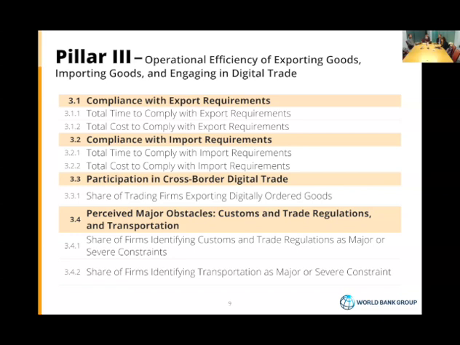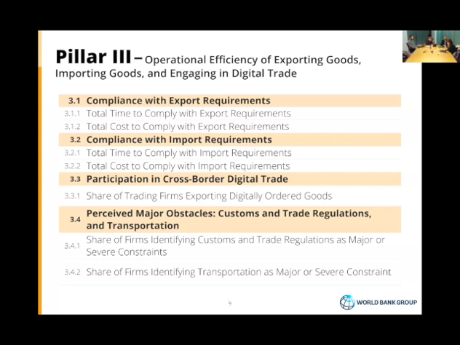Factors such as lengthy customs procedures, more time for documentary compliance, lack of coordination among border control agencies, inadequate trade infrastructure, and limited logistics services significantly increase time and cost to comply with export and import requirements. And it is this that we aim to capture through our indicators on compliance costs and time.